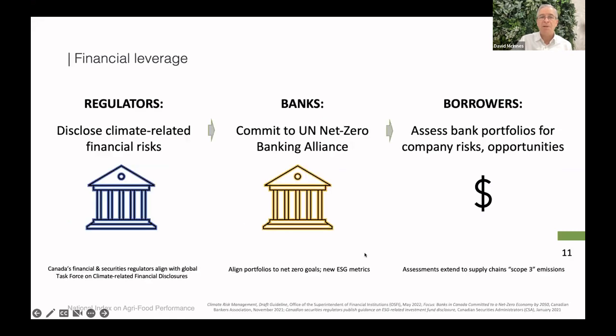But significantly, because of these signals coming down at this global level, this is affecting how individual securities and financial regulators are setting their policies. They are then in turn looking to financial institutions, in this case Canadian banks, but this is a global development, to review their portfolios, to mark their journey to net zero. And in turn, banks are now starting to increasingly look to their portfolios. Anyone who borrows.